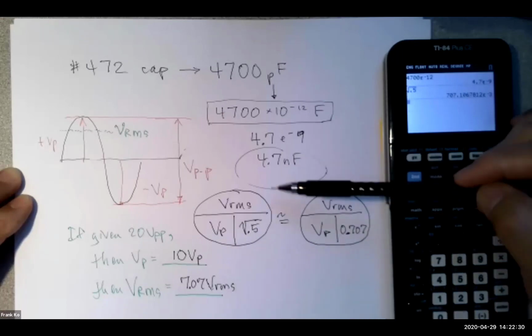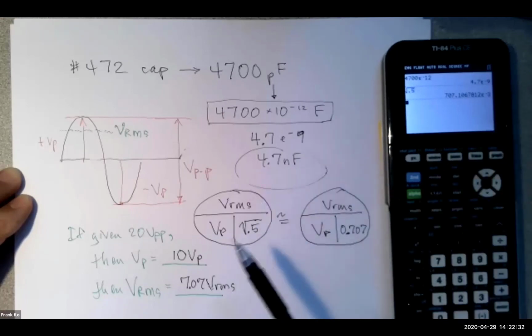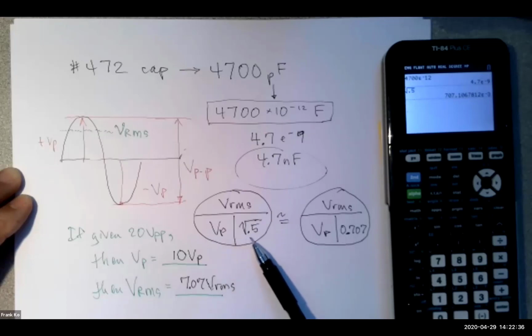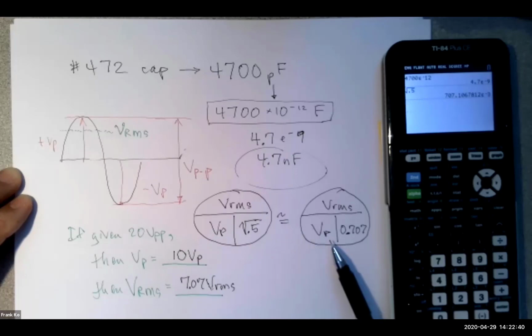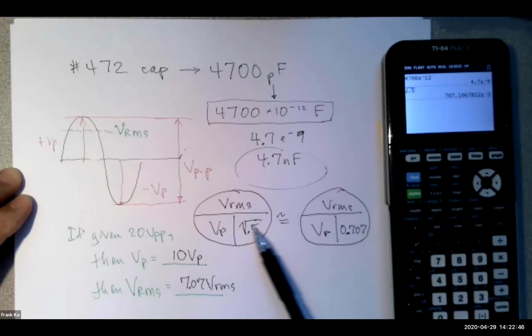If I'm looking for VRMS, it is nothing more than taking the V peak and multiplying it by the square root of 0.5, which is very close to being the same as V peak times 0.707. So this is what gives you the conversion from V peak to RMS.